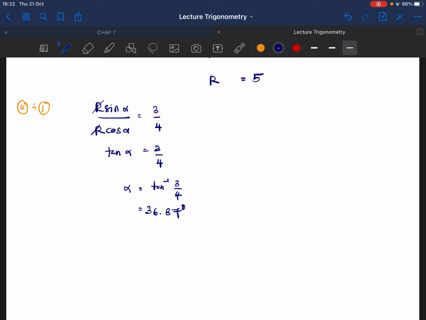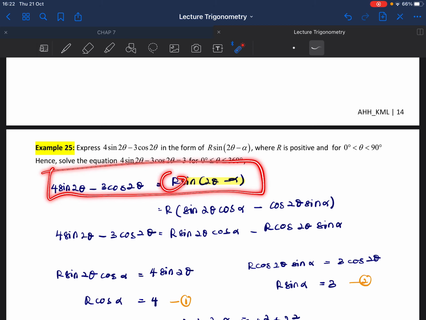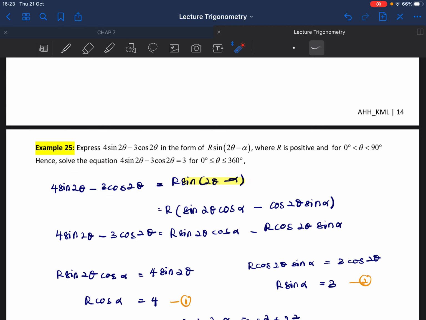Okay, alright. So we have found our alpha and r, and the next thing is the final answer, which is in r form. Okay, so basically this thing here with r and alpha that we already found.